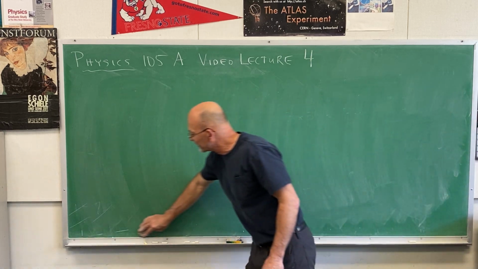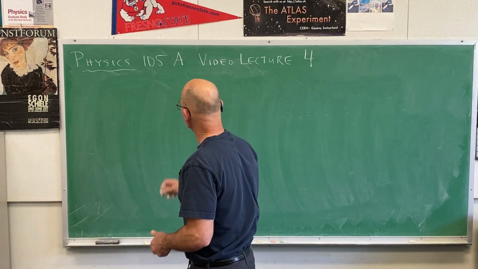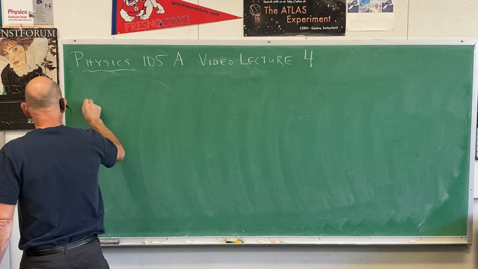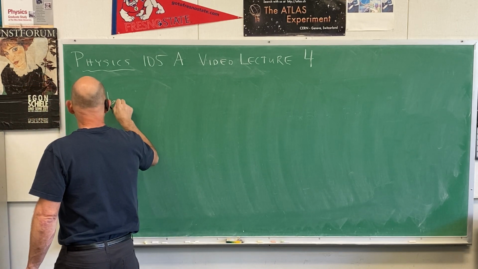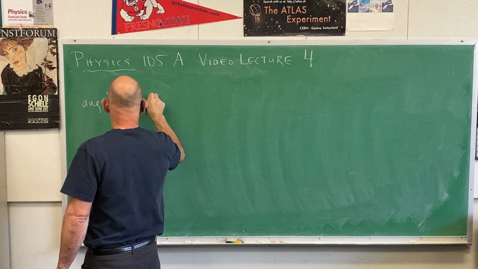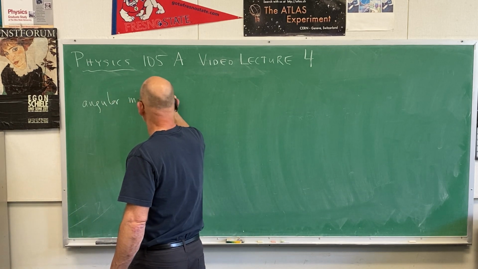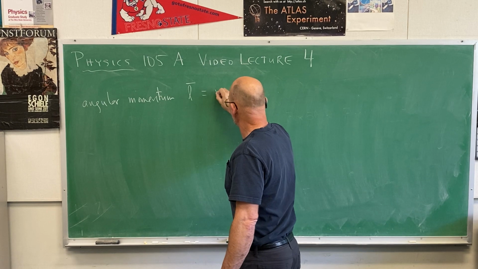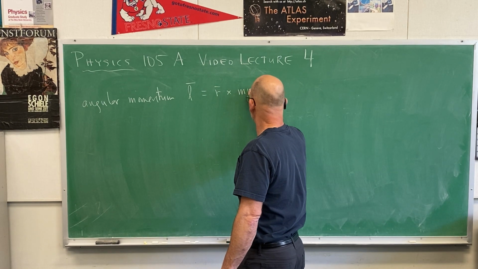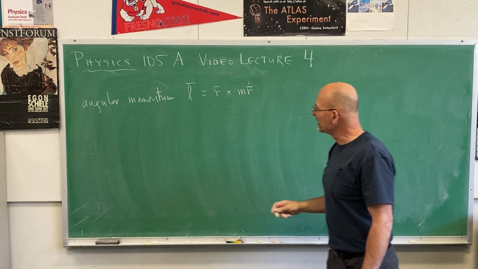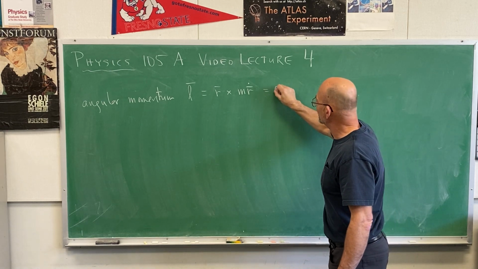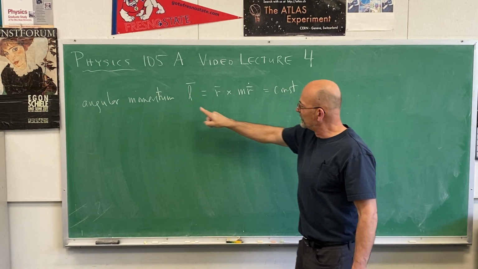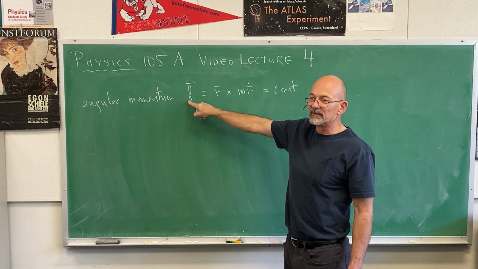Before I do the list, let's do one more discussion of the angular momentum. L equals r cross m r dot. So what does it mean for this to be constant? That means this is a constant vector.